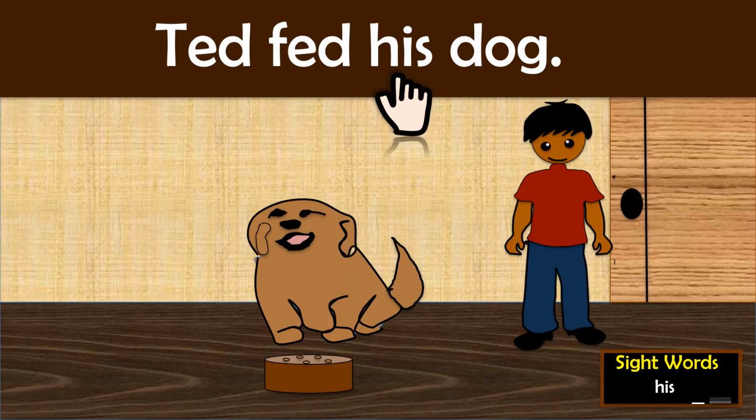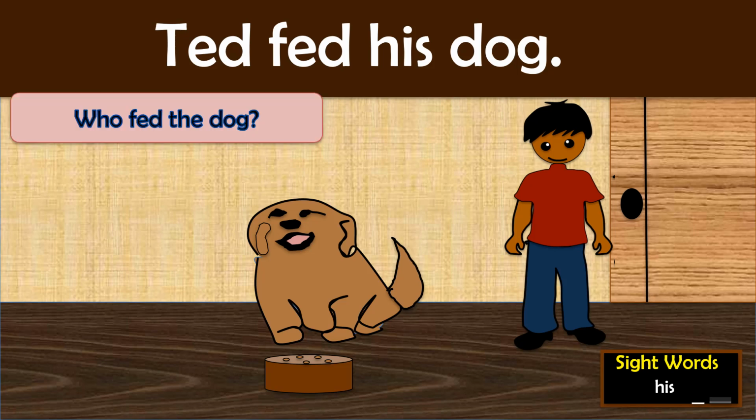Ted fed his dog. This sentence is a statement. It tells us what did Ted do. Who fed the dog? Ted. Now, let's look at some more examples of a statement.